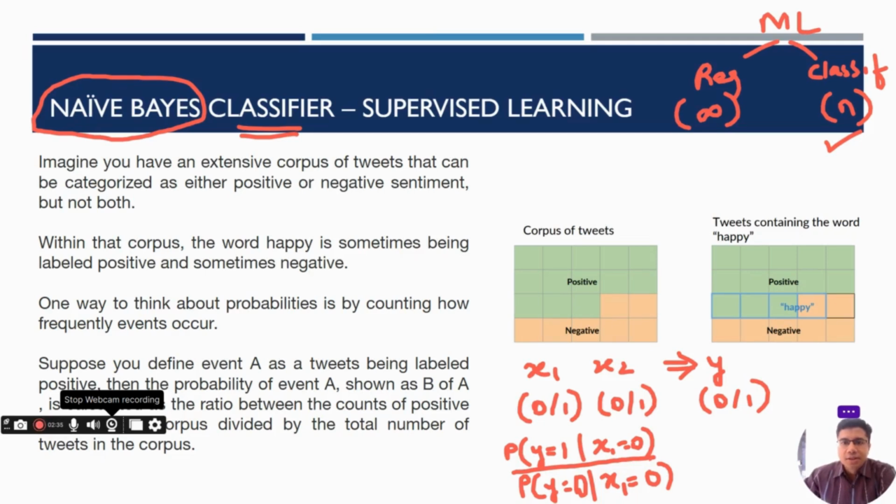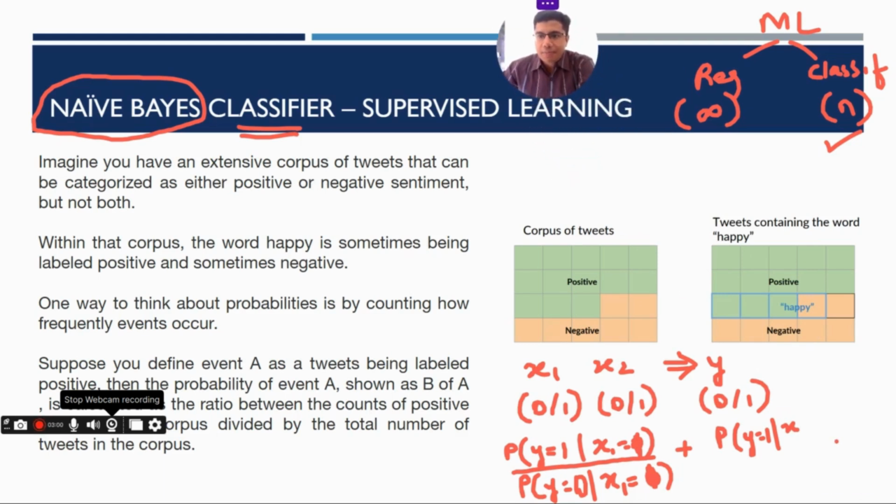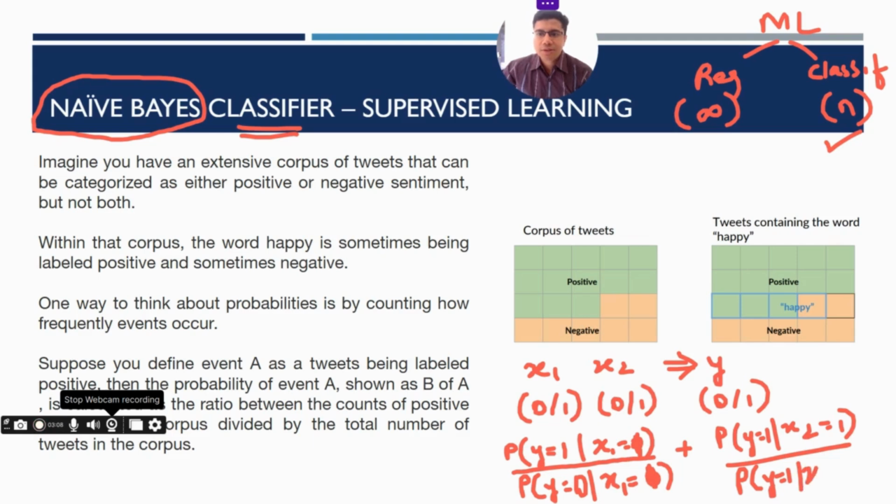Then, when x1 is 1, calculate the probability that we get y as 1, and the probability that we get y as 0. Then calculate the probability for x2: what is the probability that we get y as 1 given x2 is 1, and what is the probability that we get y as 0 given x2 is 1.